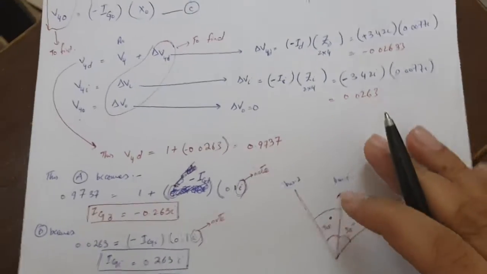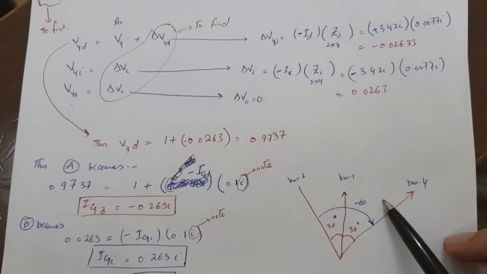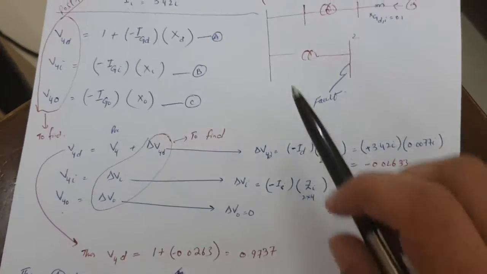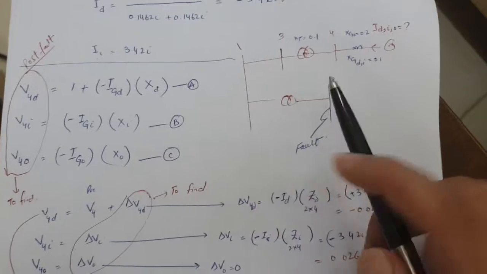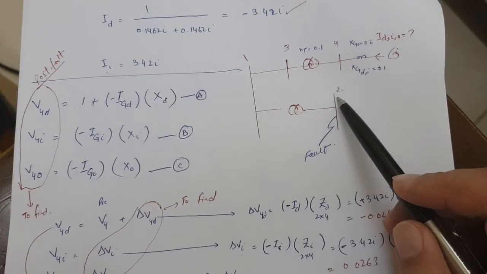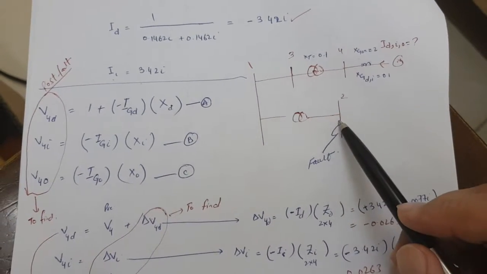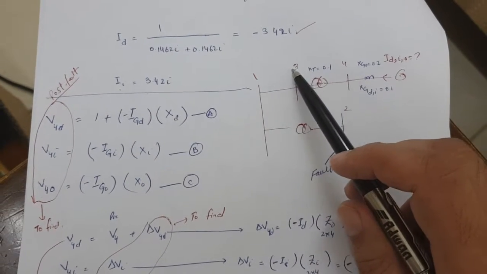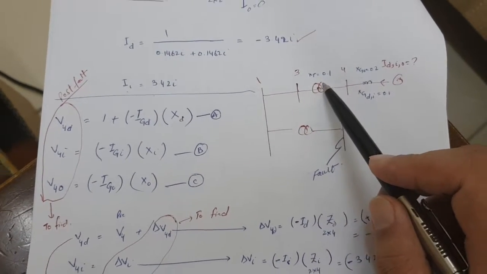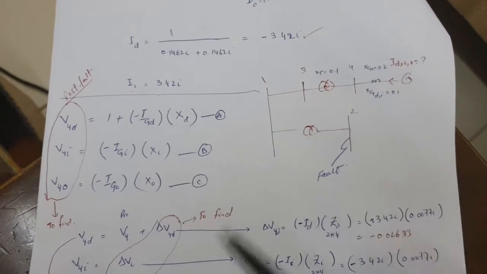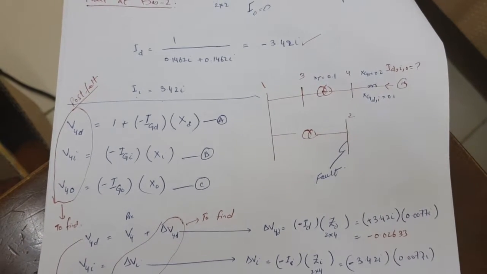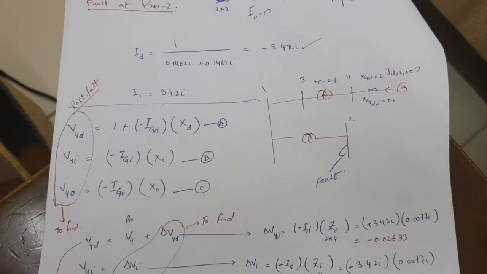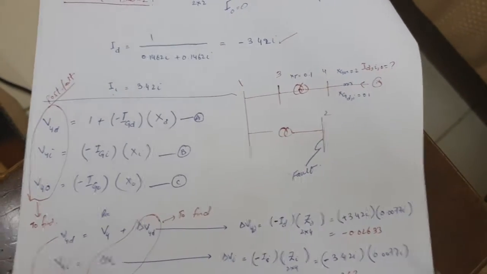For your understanding I have drawn this diagram for the phase shift of the transformer. You can see the fault happens at bus 2 and then it is connected to bus 1. Bus 1 is connected to bus 3 and then there is a transformer, and we are taking bus 4 right now. I mean bus 4 is under consideration and bus 2 is our reference bus.